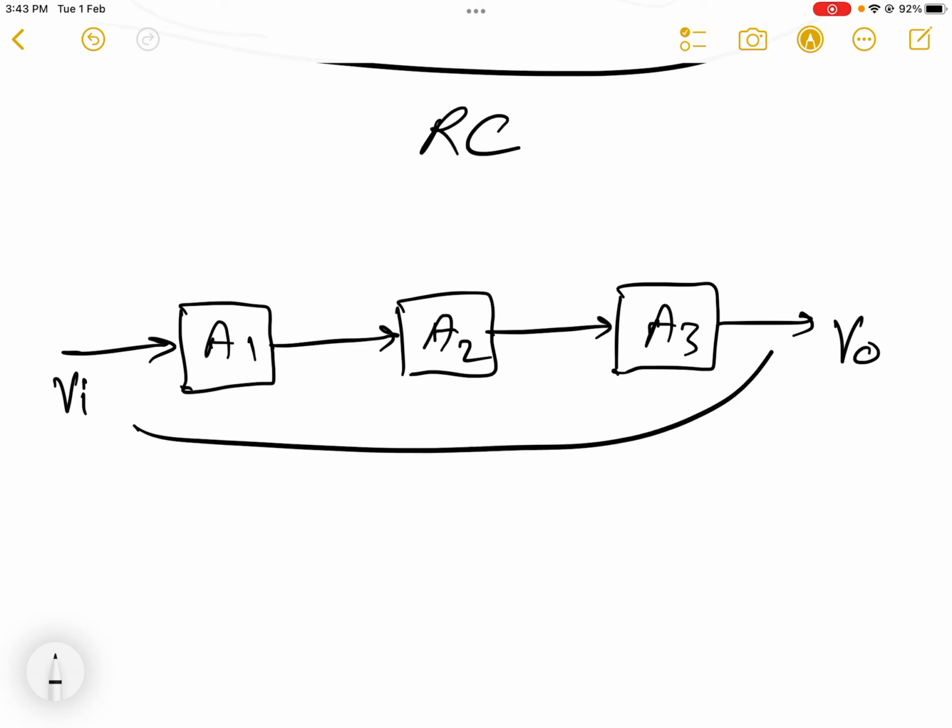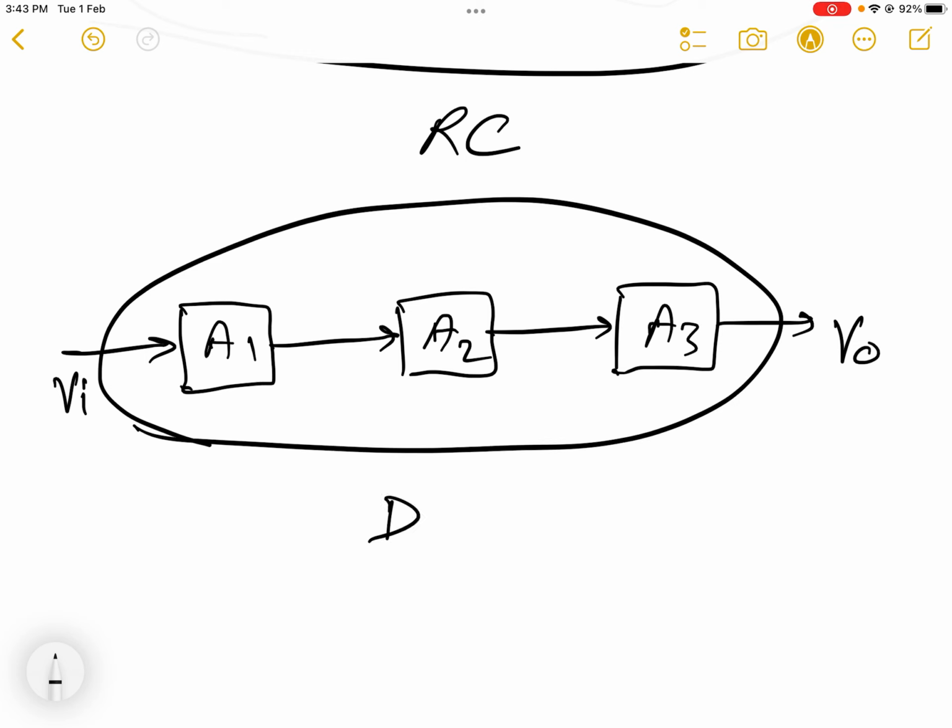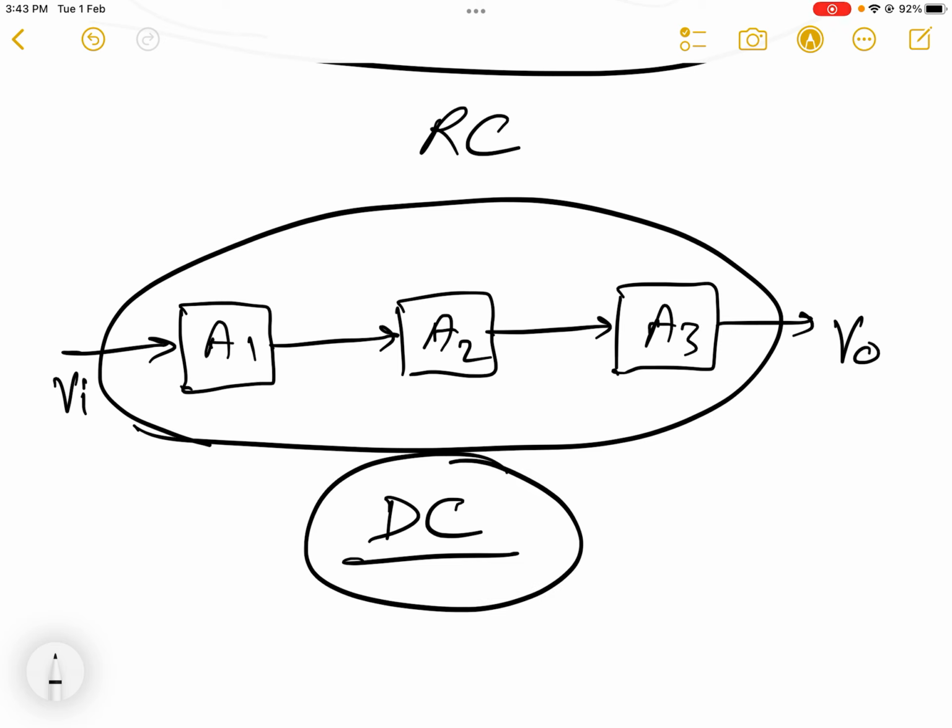Then this type of multi-stage amplifier circuit is known as DC amplifier, meaning direct coupled amplifier circuit. The direct coupled amplifier circuit has low quality at the output. Such type of amplifier gives you strong output, but the output quality will suffer.